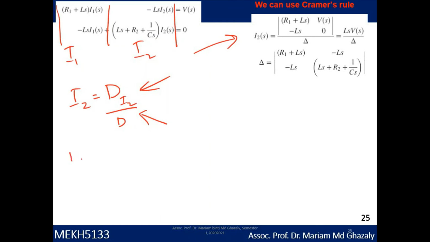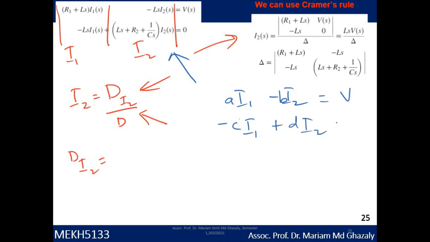So dI2, if you were to rewrite this equation in a simpler form, instead of R1 plus Ls and so on, assuming I use these symbols, you can write A I1 minus B I2 minus C I1, and then plus D I2.